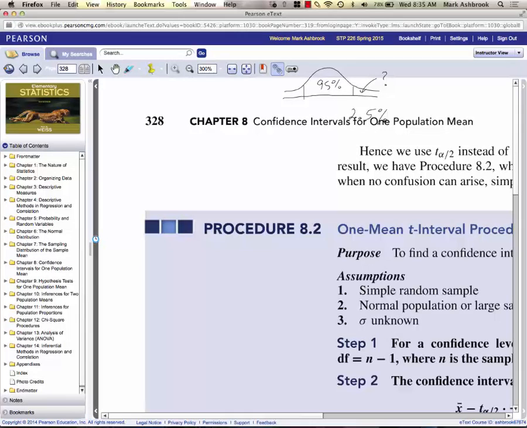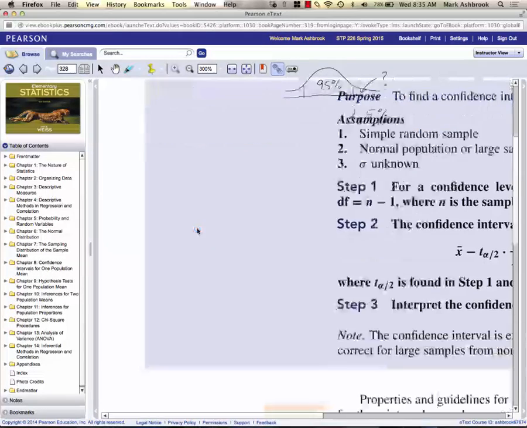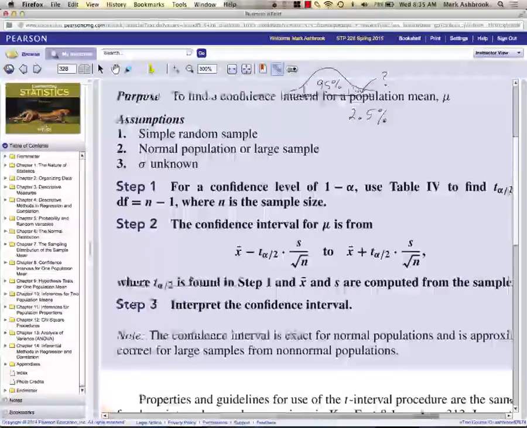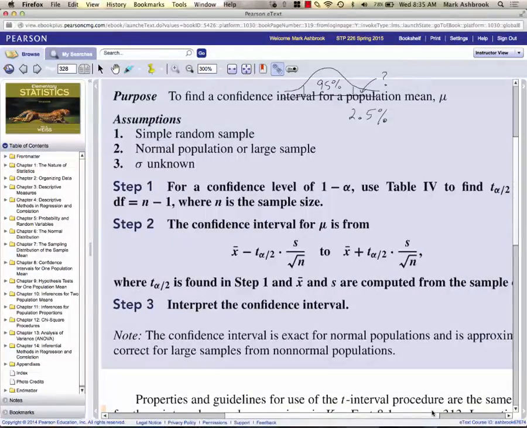There's another aspect to this, and it's called degrees of freedom. So our degrees of freedom is 1 less than the sample size. So what are the differences?